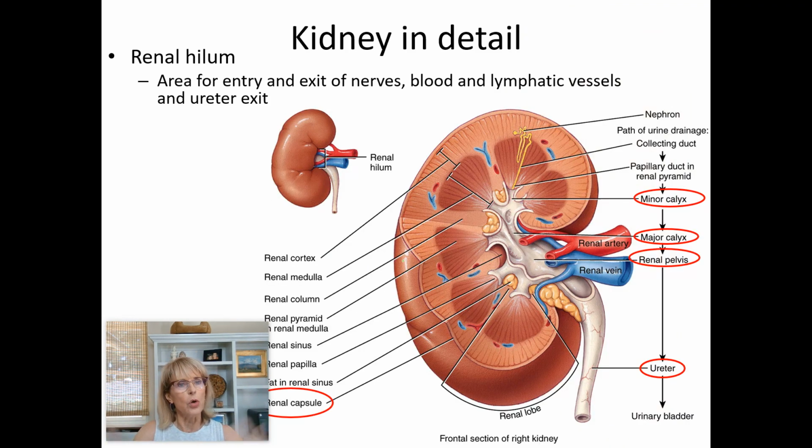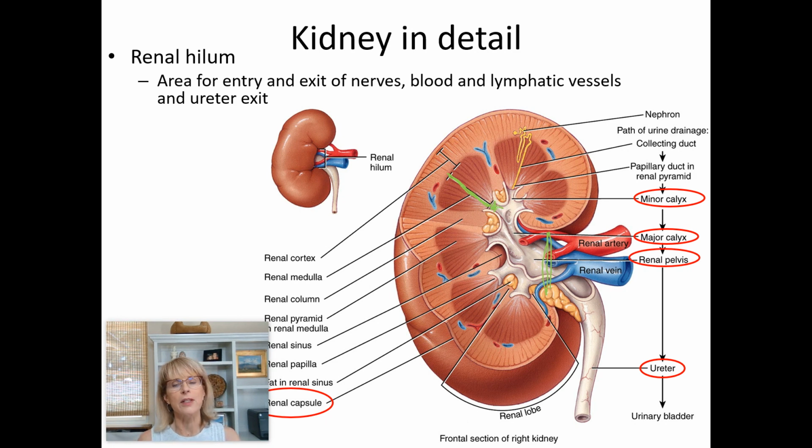So now we look at the whole kidney. Remember, this area is the renal hilum. That has actually nothing to do with the path of fluid flow. But let's talk about a minor calyx. So that collecting duct travels right here through the middle of a renal pyramid, and then it's going to come out. Do you see this little region right here?